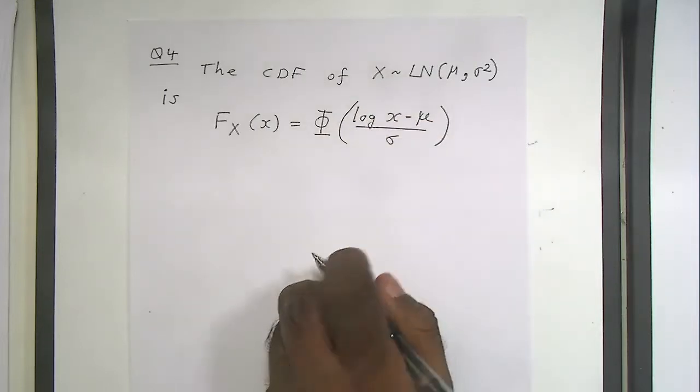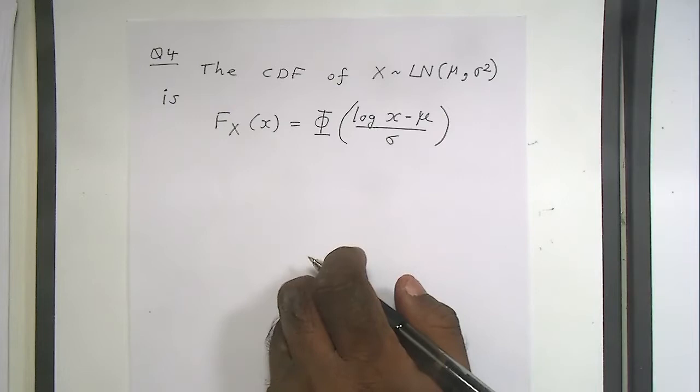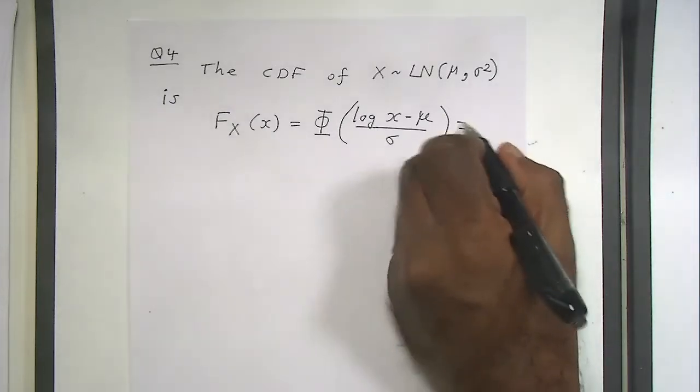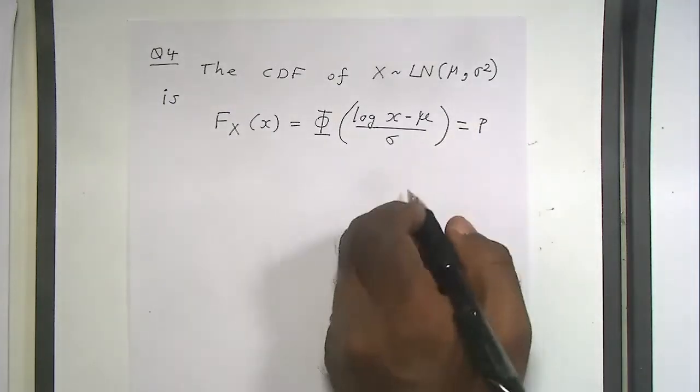this. Right now, to find VaR, do you guys know how? To find value at risk, you need to set this equal to p and solve for x in terms of p.